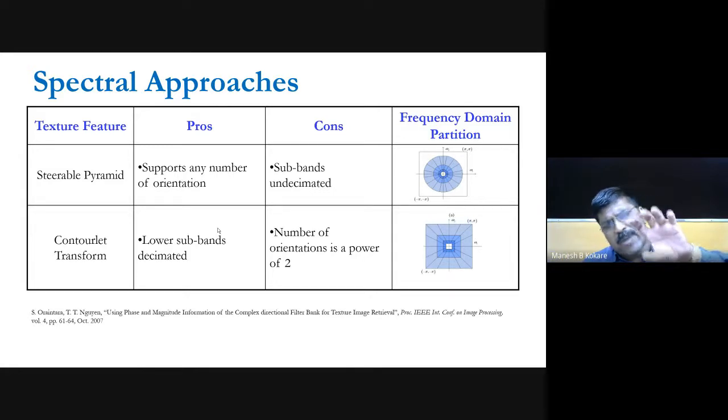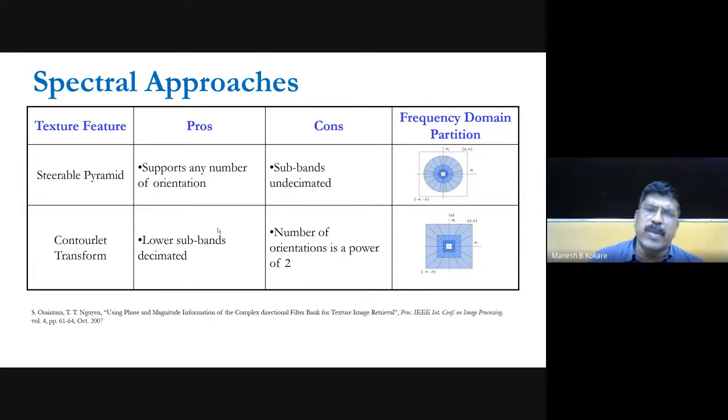The LL subband gives the approximate image, LH gives the horizontal direction information, HL gives the vertical direction information, and HH gives the diagonal direction information. If you decompose the image using the wavelet transform for 3 levels, at every level you get 4 subbands: 4 for the first level, 4 for the second, and 4 for the third, so you get a total of 12 subbands.